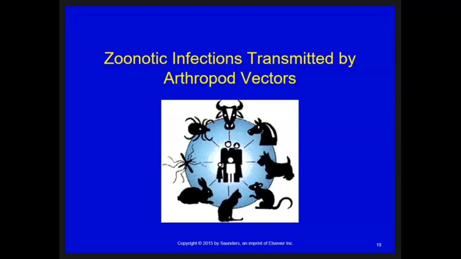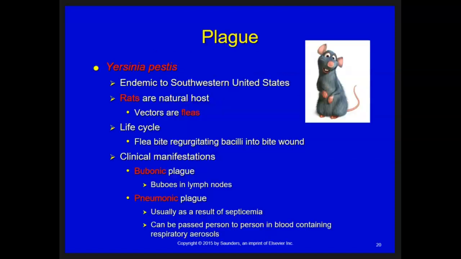Now we're going to talk about arthropod vectors of zoonotic illnesses. Yersinia pestis is probably the first thing that comes to mind. It is endemic to the southwestern United States. Rats are the natural host. Vectors are fleas. The life cycle involves fleas biting and regurgitating the bacilli into the bite wound.